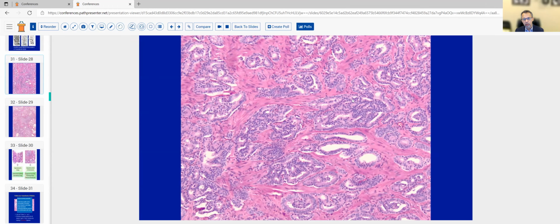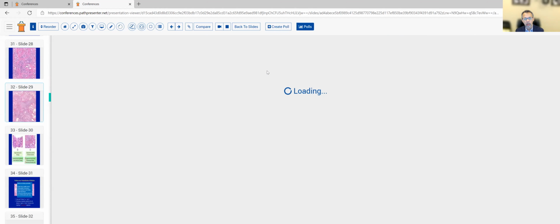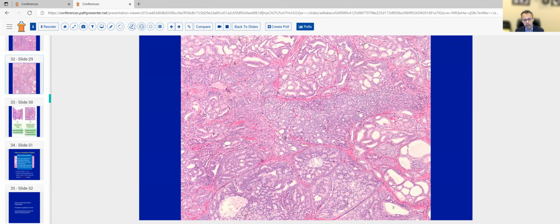Here is an example of what I would refer to as a small cribriform cancer, but note how irregular and confluent this process is. You also have some conventional prostate adenocarcinoma. Here is an example of large cribriform glands. Now, large cribriform gland has also been defined based on the number of lumina.